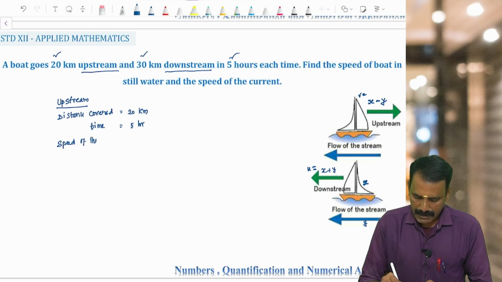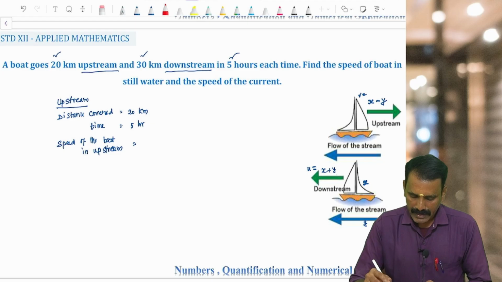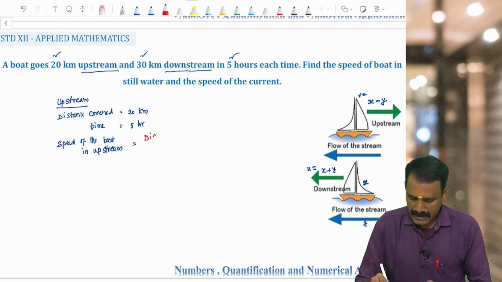Speed of the boat in upstream. We have the formula to find the speed. It is distance covered by time taken. So we substitute.